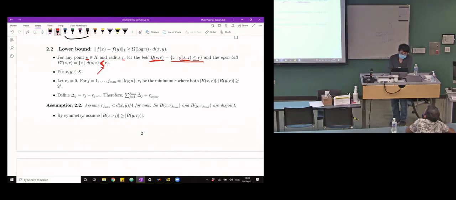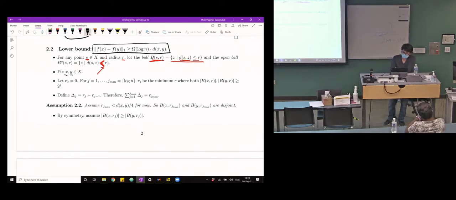And now with these definitions, we are ready. So fix X and Y. We want to prove that for each X and Y, the L1 distance is not too small.